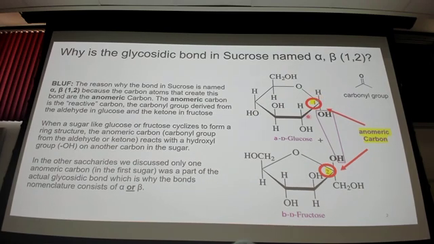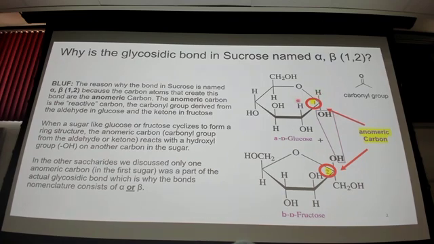And so it just so happens that when they cyclize, both of the anomeric carbons from each of the sugar molecules participate in the bond.